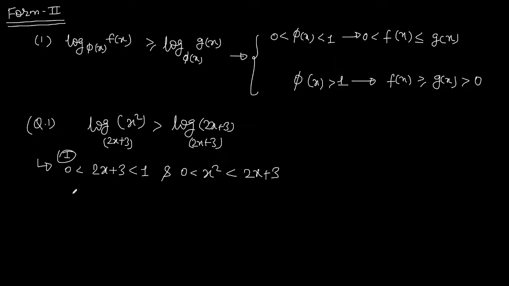Now we'll solve the first one: 0 is less than 2x plus 3 and 2x plus 3 is less than 1, and x squared is bigger than 0 and x squared is less than 2x plus 3. We'll find the value of x in every case and we'll take the intersection.